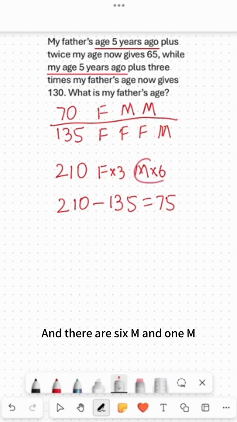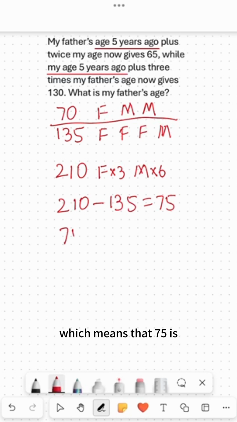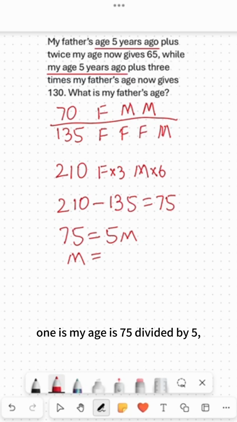And there are 6 me's and 1 me, so that is 6 M's subtracted by 1 M, and that is 5 M, which means that 75 is 5 multiplied by my age. And so 1 of my age is 75 divided by 5, which is 15.